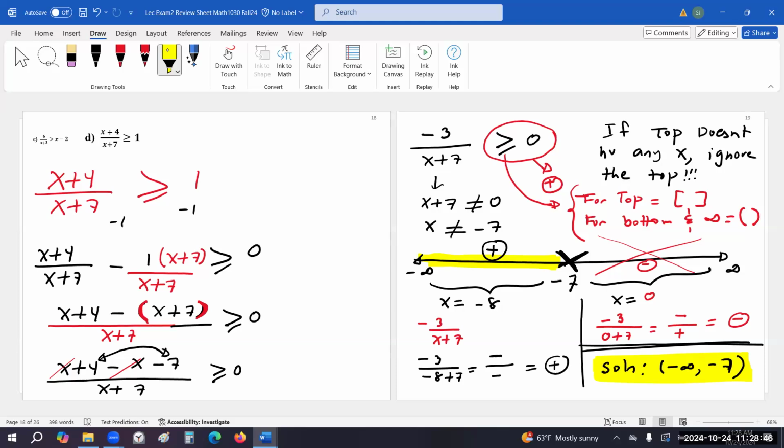And then we put them on the number line and we check each interval. Based on how many x you can solve for, we get 1 more interval. So we got only 1 x, so we have 2 intervals. If you have 3 x, you're going to check 4 intervals. And whatever interval gives us whatever they ask us to find, we keep them, the rest we ignore.